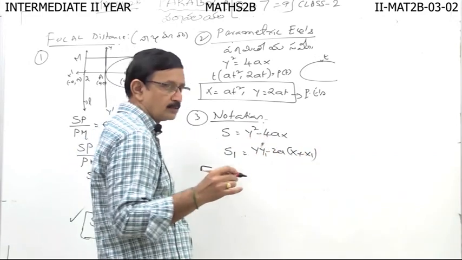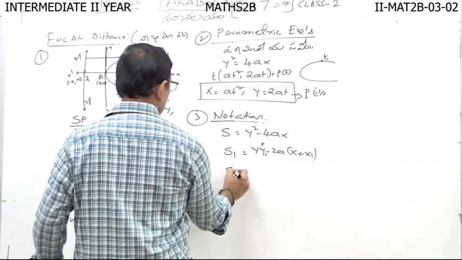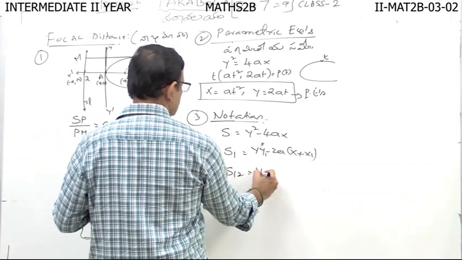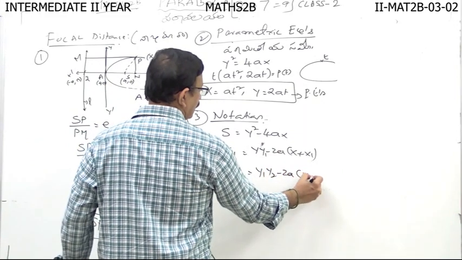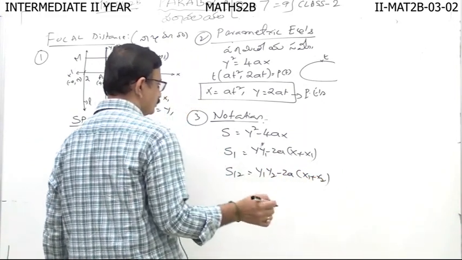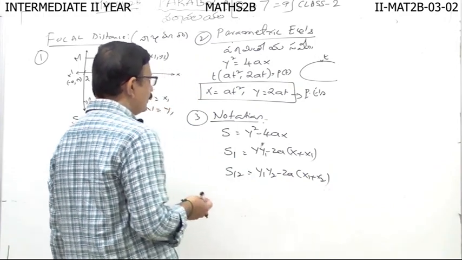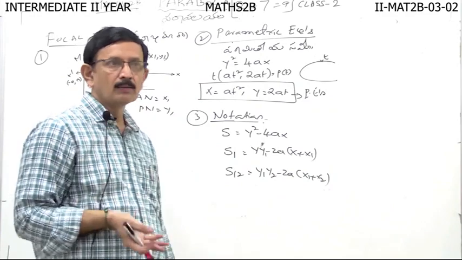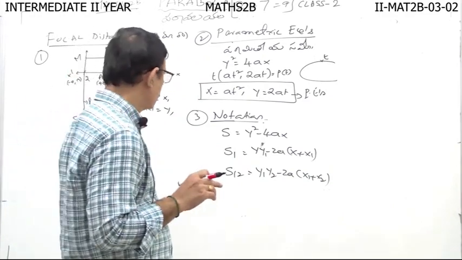This is represented by S1. And similarly S12. S12 means y1y2 - 2a(x1 + x2). This is the meaning of S12. So these are some of the important notations we have to remember. They will be followed throughout this topic, parabola.